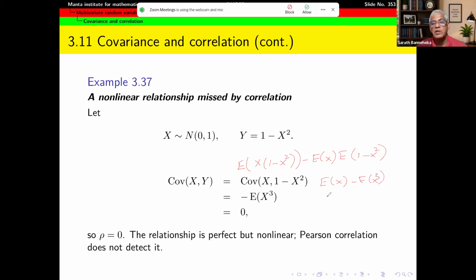And here we get minus expected value of x, and then expected value of 1 is just 1 minus expected value of x squared. Right. So when you simplify this, you get this term here. So therefore, covariance between x and y is equal to 0.